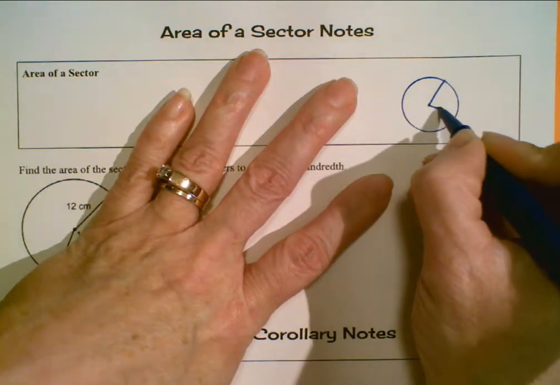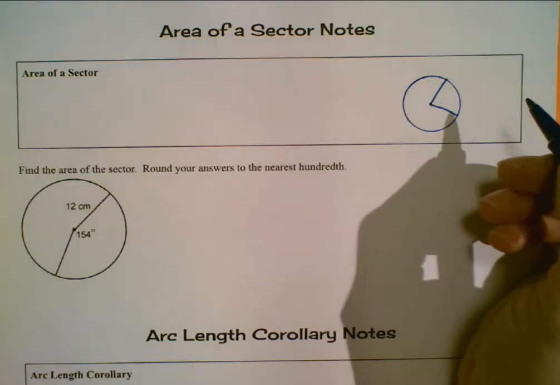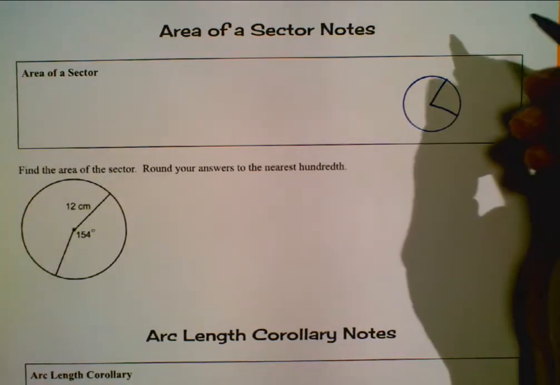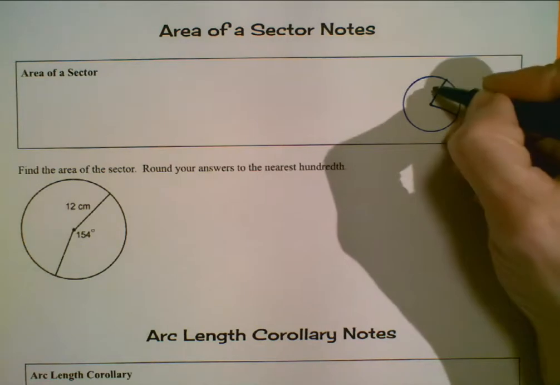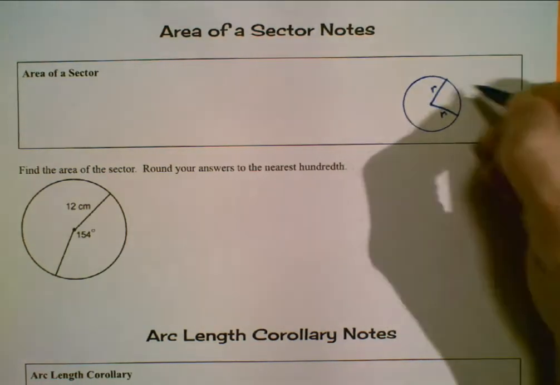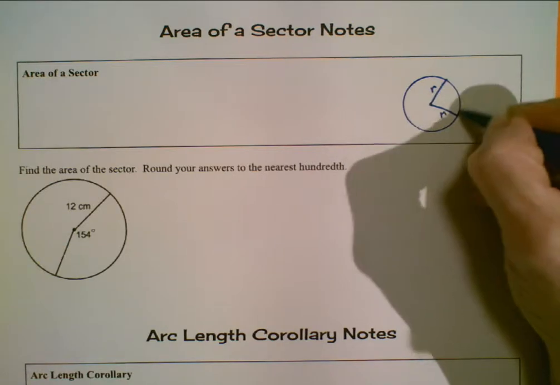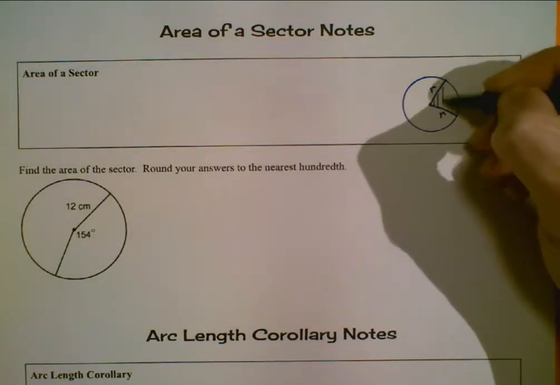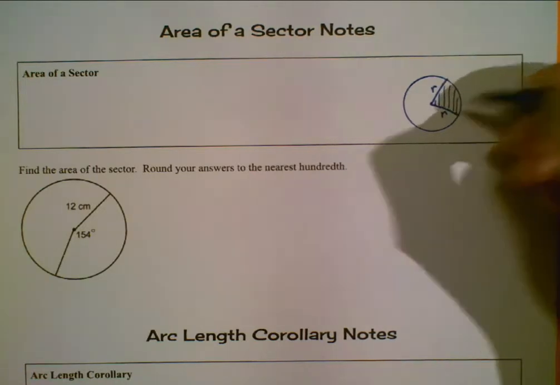A sector is a portion of a circle bounded by two radii and an intercepted arc. So here I have a radius, there I have a radius, and this, of course, is the intercepted arc. So what we're looking for is the area of this portion of the circle.